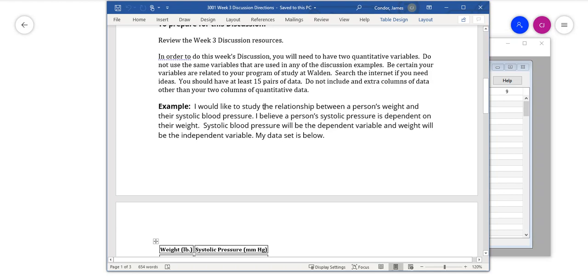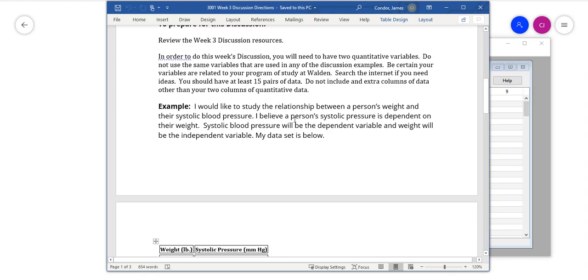So, for example, let's say that I would like to study the relationship between a person's weight and their systolic blood pressure. Again, that's something that you're not going to talk about, weight and systolic blood pressure. It's two other quantitative variables.